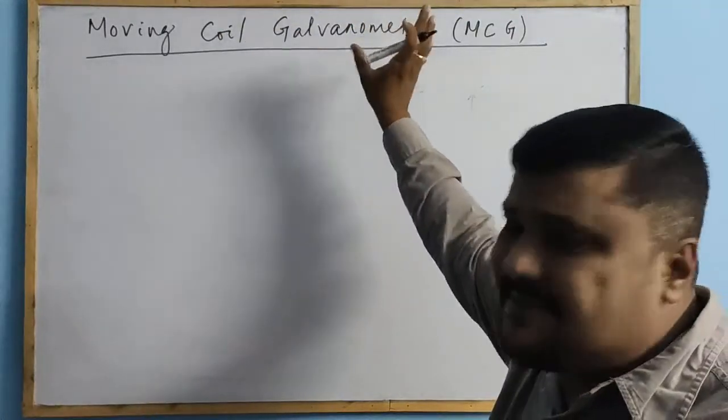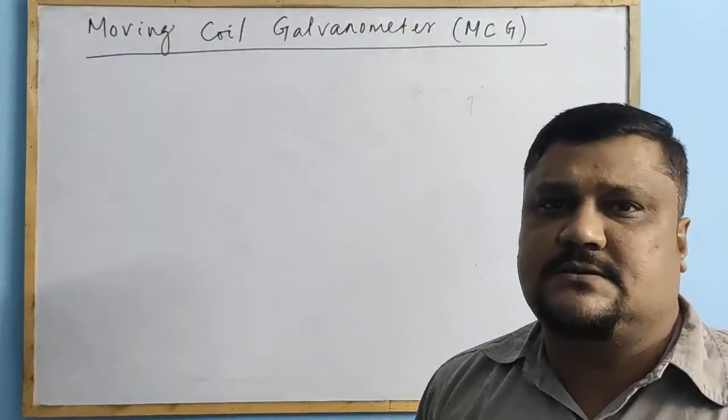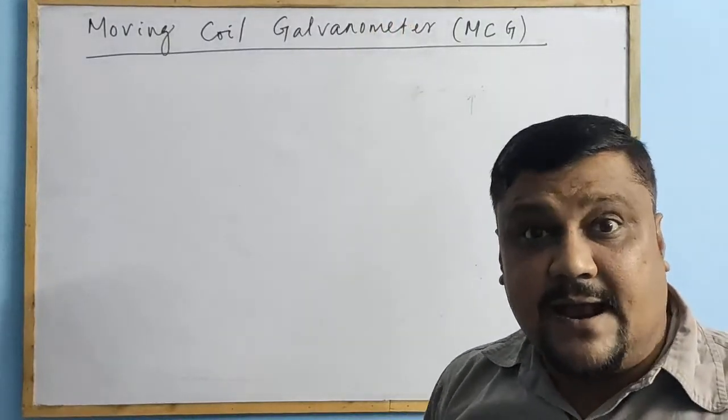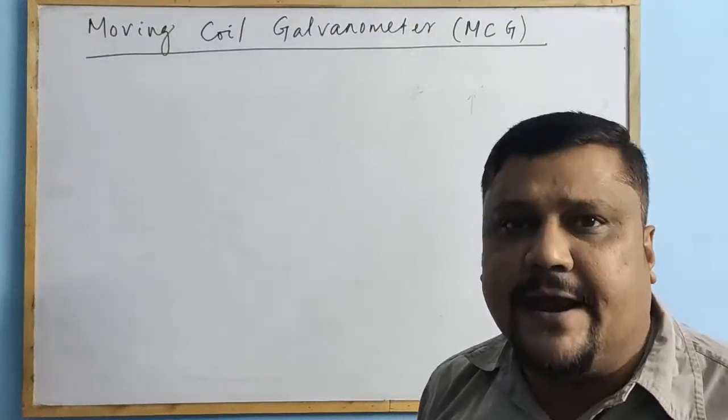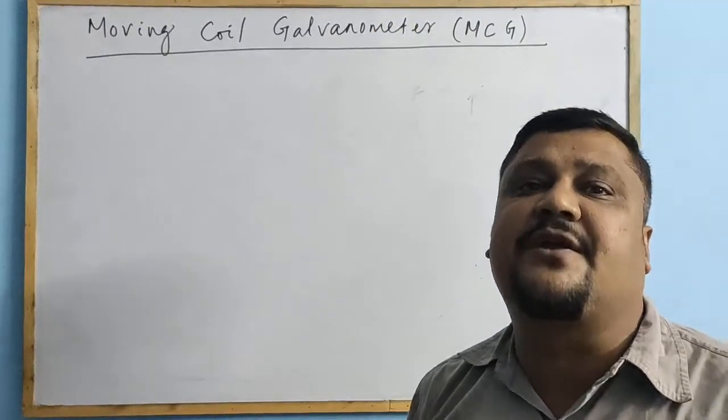A galvanometer is simply used to detect and measure the current in an electrical circuit.